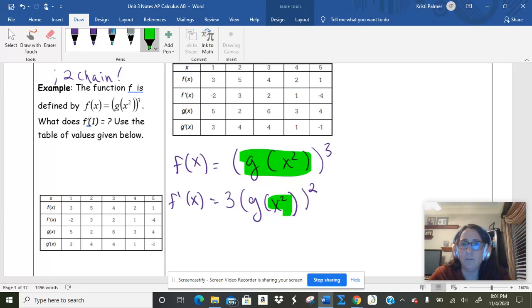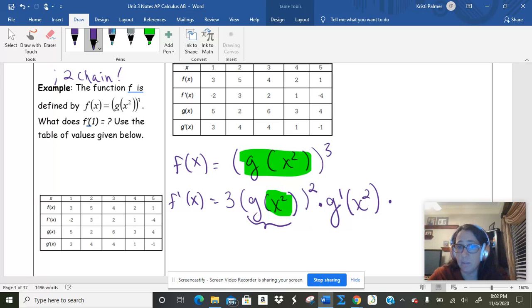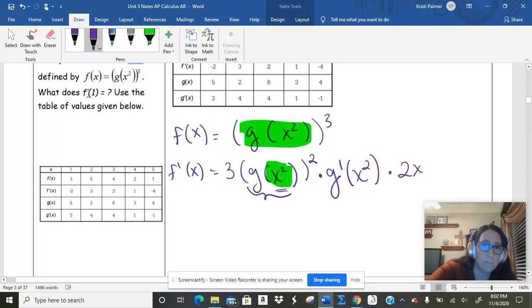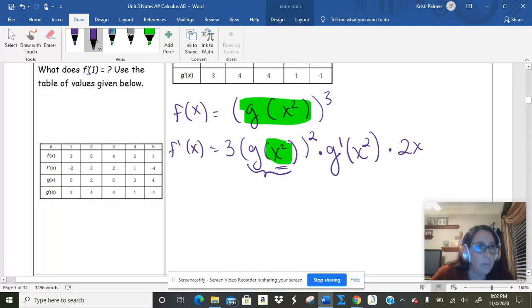Now, as I take the derivative of the inside, I have another inside-outside. So now I take it times the derivative of the outside, leave the inside alone, times the derivative of that inside. Then we want to go plug in 1.